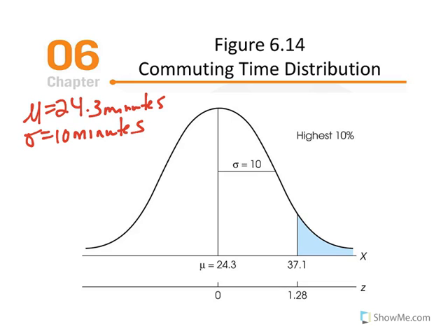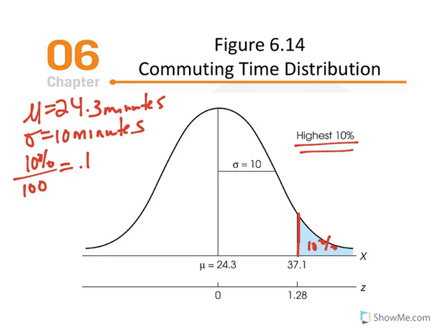So we're going to figure out how much time you spend commuting each day that would place you in the top 10%. So again, we're going to focus on this, and we are going to partition off 10%. This is the top 10%. And what we need to do is convert that 10% into a proportion, so we can utilize our unit normal table.